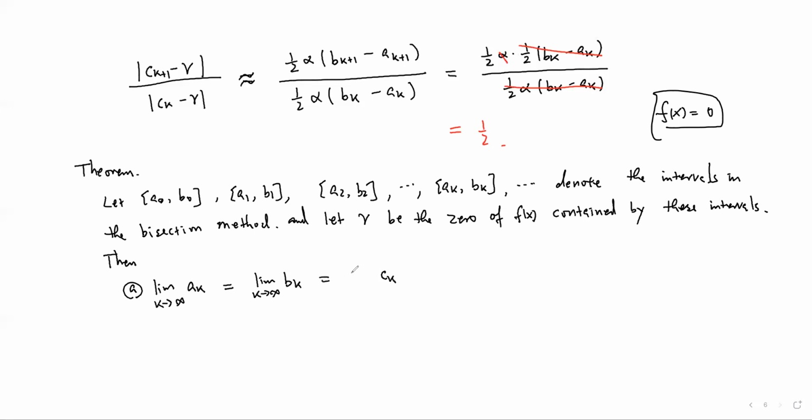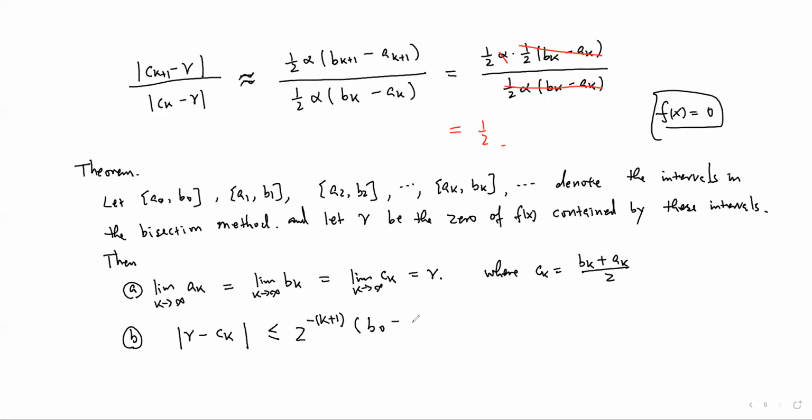The midpoint c_k approaches r, where c_k is (b_k plus a_k) divided by 2, the midpoint. Number two, the distance between the root and the midpoint is less than or equal to half of the length of the interval a_k to b_k, which is (1/2)^{k+1} times the length of the original interval, b_0 minus a_0.